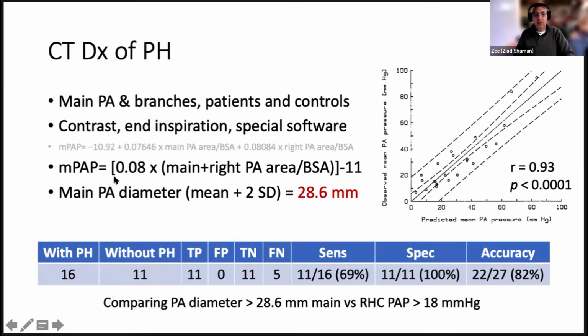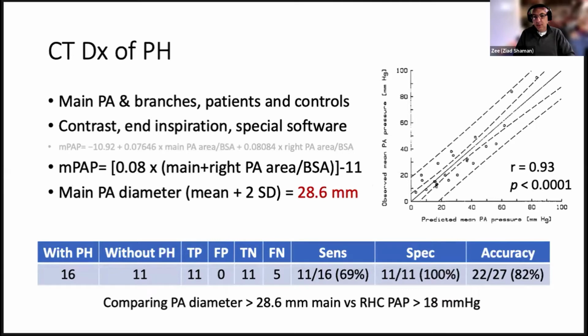The mean pulmonary artery pressure equals 0.08 times main and right. The best arteries to use are the main pulmonary artery trunk and the right pulmonary artery areas. You add the 2, divide by body surface area, and subtract 11 from this product.